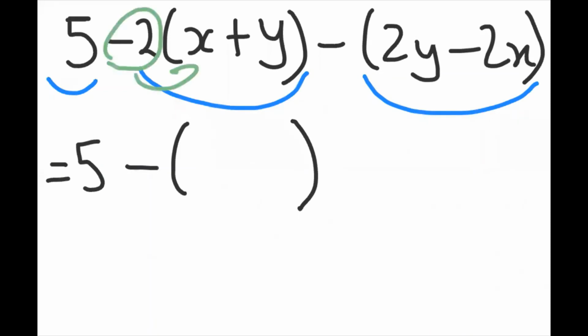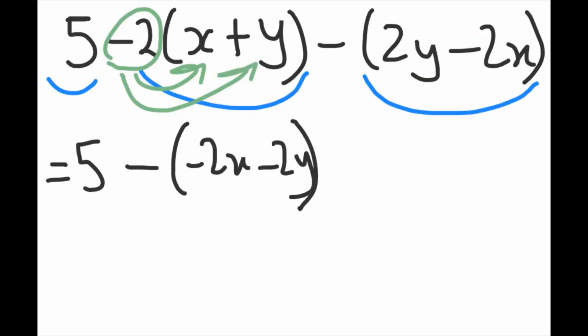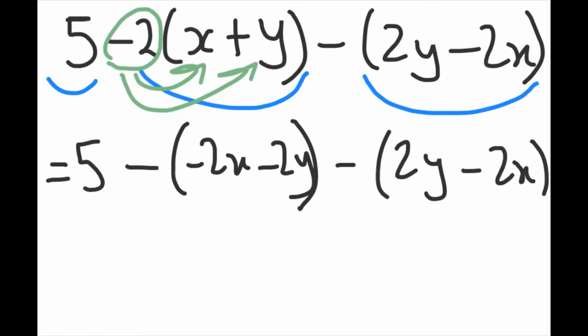Minus 2 times x and then minus 2 times y. So that answer will be minus 2x minus 2y. Then on the right hand side, we have the minus. We can't do anything right now, so let's just keep that. We're going to multiply this minus out just now.